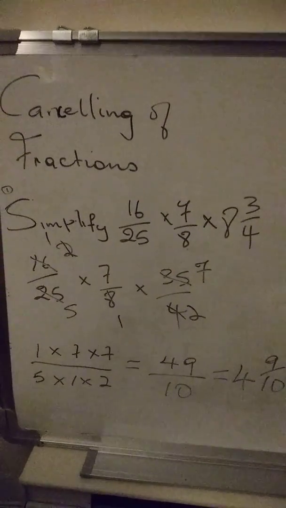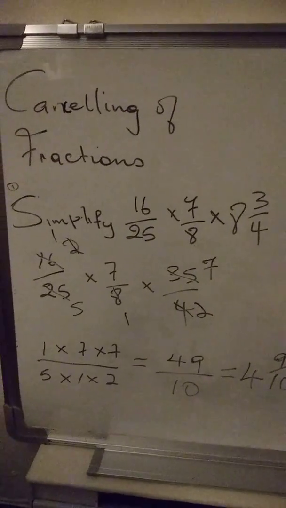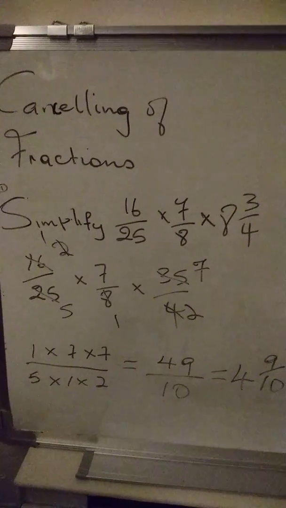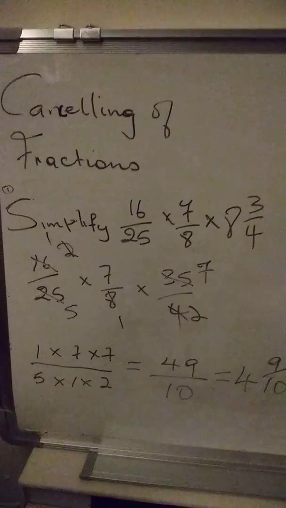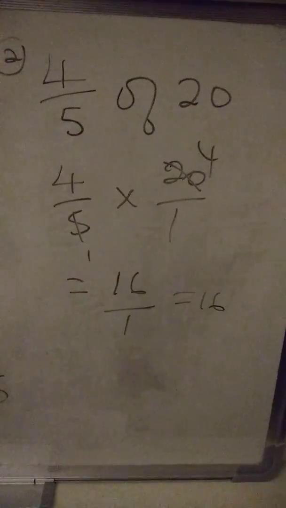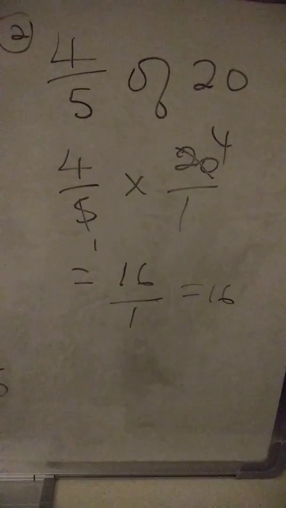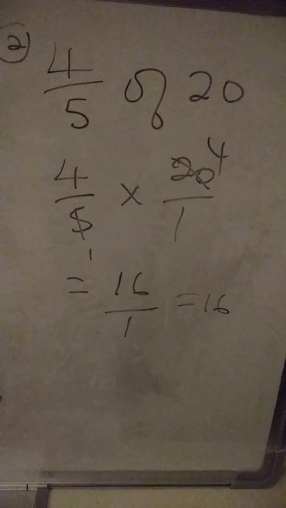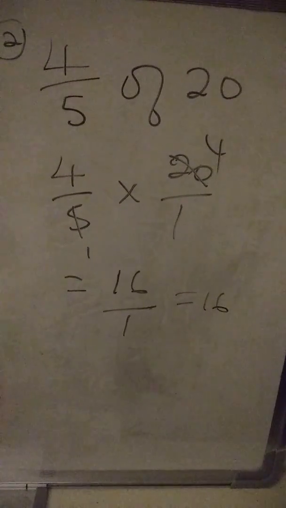So we're going to be moving over to another type of cancelling of fraction question. This is where a word is being introduced. So we have 4/5 of 20.